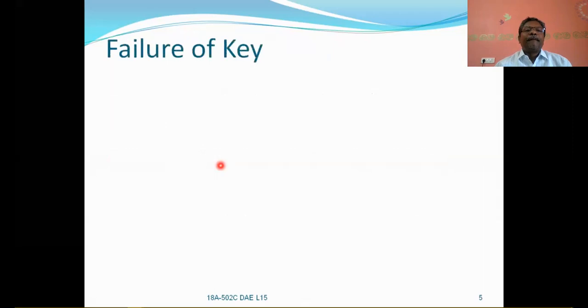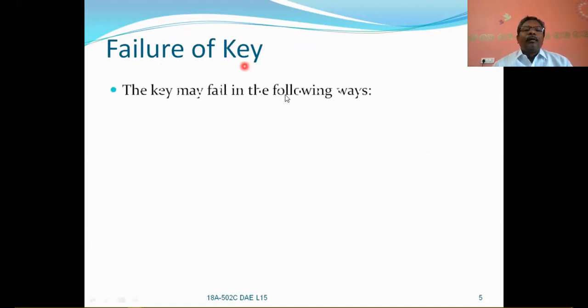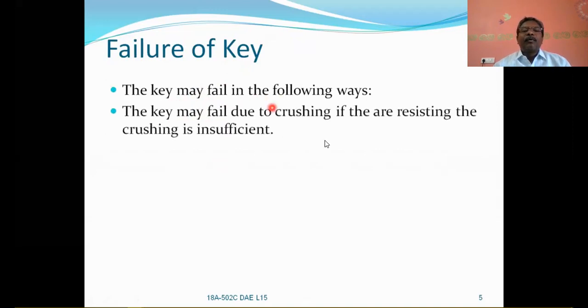Next, how is it going to fail? What are the possibilities of failure of the key? The key may fail in the following ways. Number one, the key may fail due to crushing. That means the shaft crushes the key in one direction and the hub crushes it in the other direction.